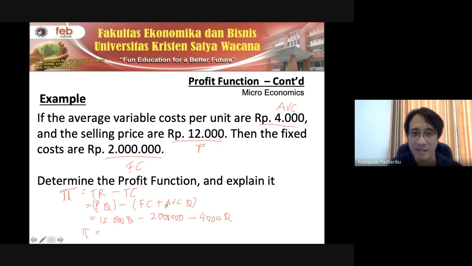So 12,000 minus 4,000 is 8,000 Q minus 2 million. This is the profit function: 8,000 Q minus 2 million.